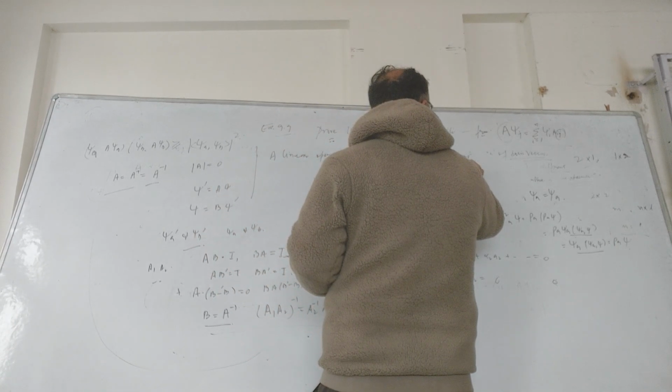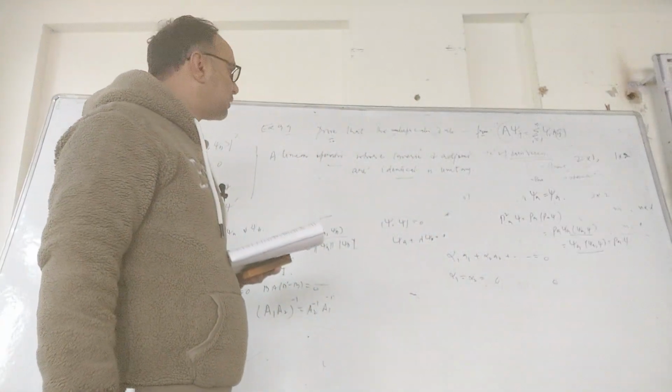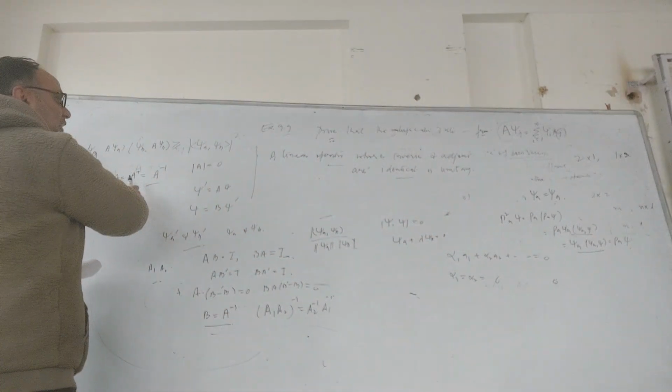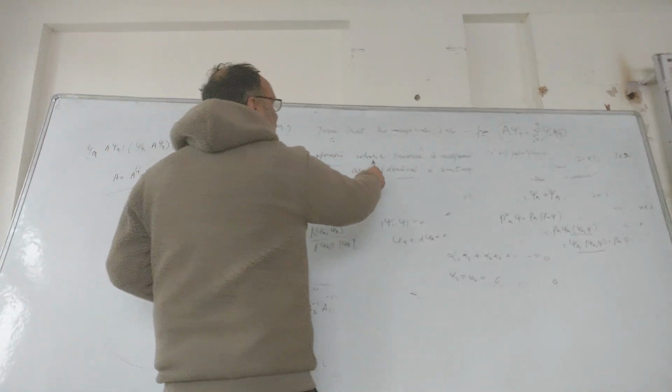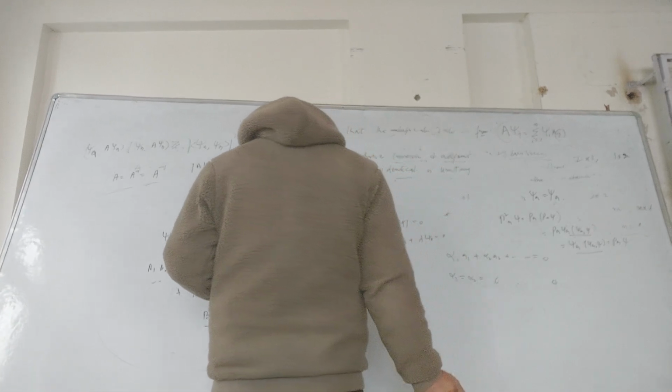So unitary operators है ना, unitary matrix, so they are very much throughout quantum mechanics में यूज होते हैं, जो अभी मैंने कहा. A linear operator whose inverse and adjoint are identical is unitary.